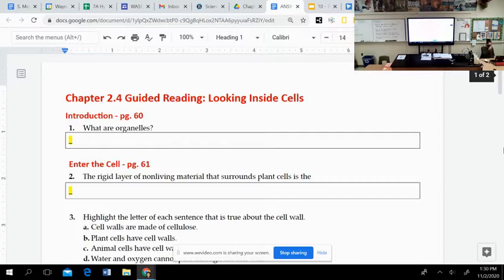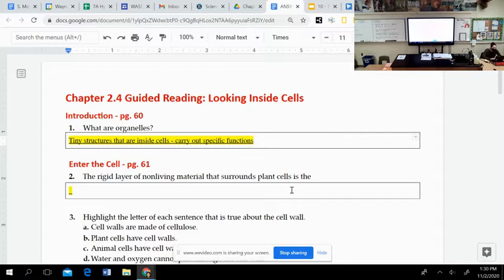Our first question is, what are organelles? What would you explain, Neely? They're tiny structures that are inside cells. Okay, tiny structures that are inside cells. And the warm-up also stated that they carry out specific functions, right?